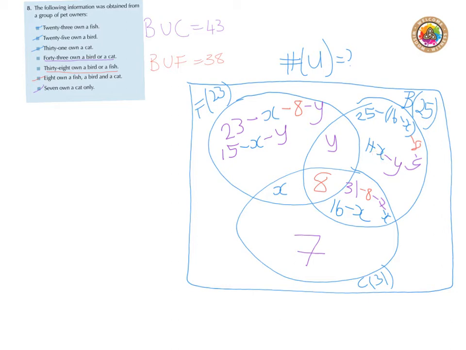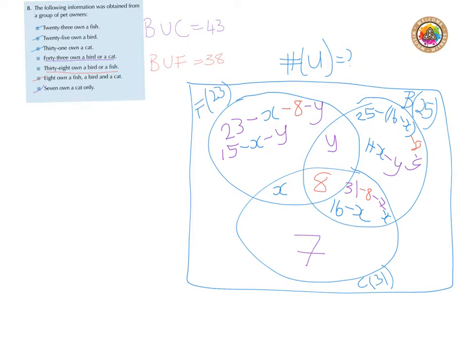Now we can put some of these equal to the bits of information that we have here. So first of all, we're going to look at B union C. So that's B here, union C here, all of this area here.